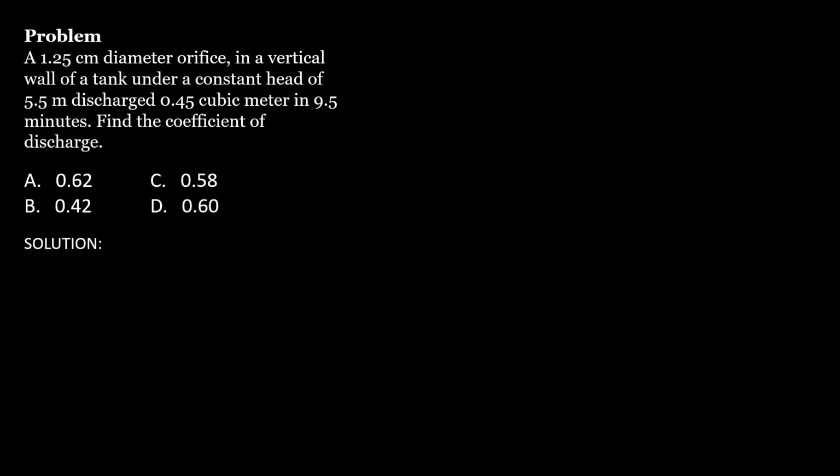Second, we calculate the actual discharge. And for the final step, we calculate the coefficient of discharge, because the coefficient of discharge is actually equal to actual discharge divided by theoretical discharge.